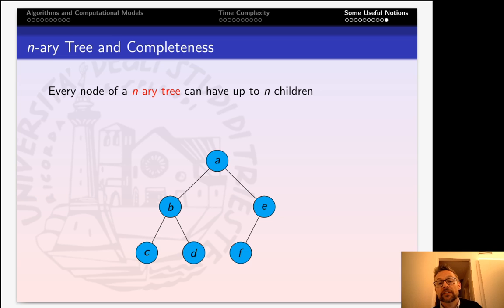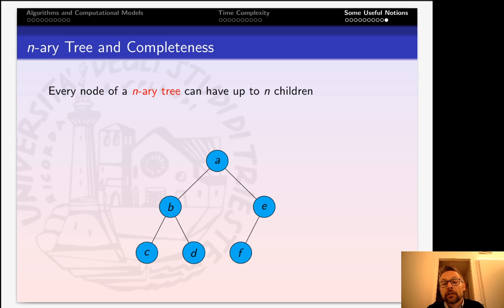During the first part of the course, we will see the notion of n-ary tree. So what's an n-ary tree? An n-ary tree is simply a tree in which the nodes have at most n children. Okay. So for instance, let's see the tree in the slide.